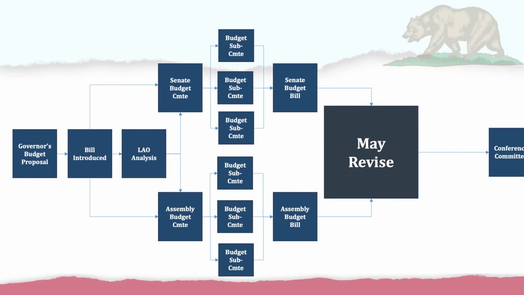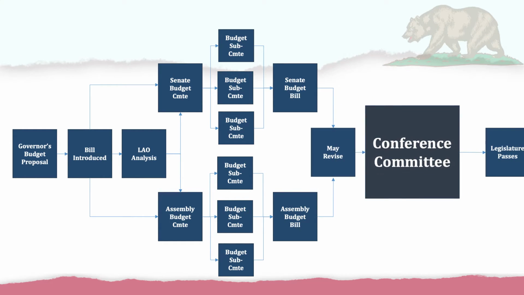To reconcile the different proposed budgets, a conference committee is formed. The conference committee generally consists of 3 state senators and 3 state assembly members, in both cases generally comprised of 2 members from the majority party and 1 from the minority party in each chamber. The conference committee goes through each budget item in which there's a difference in funding levels between the state assembly and the state senate, and must vote either to adopt the assembly or senate version for each of these items.